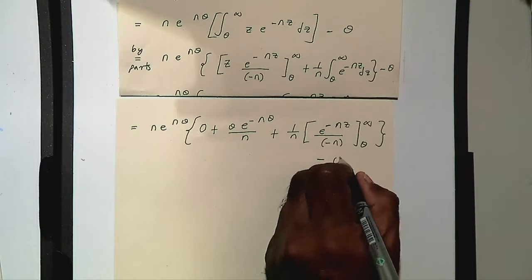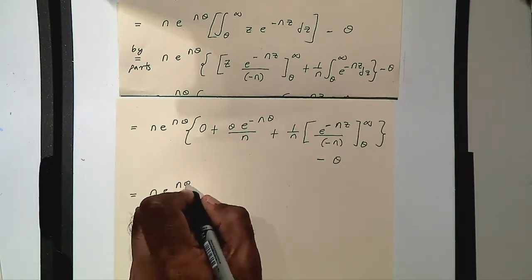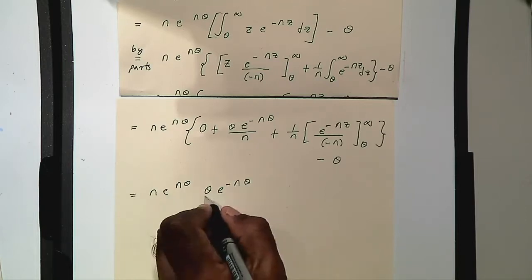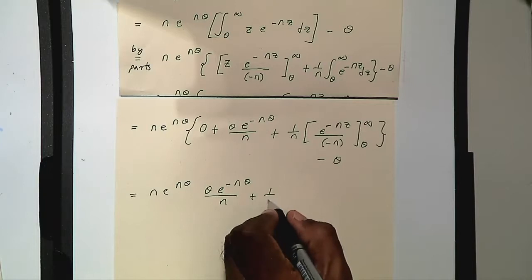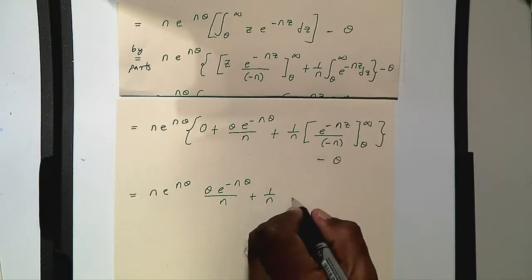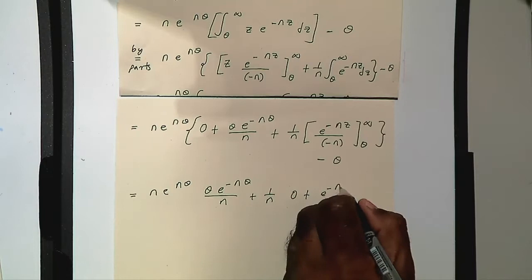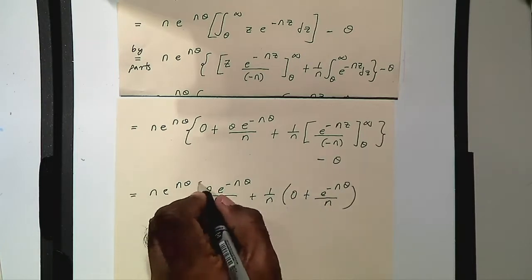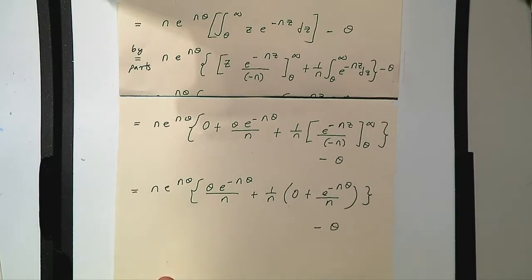Minus theta outside, okay? So then you have n e^(nθ) divided by n, and plus the limit at infinity is 0, and minus theta, right?